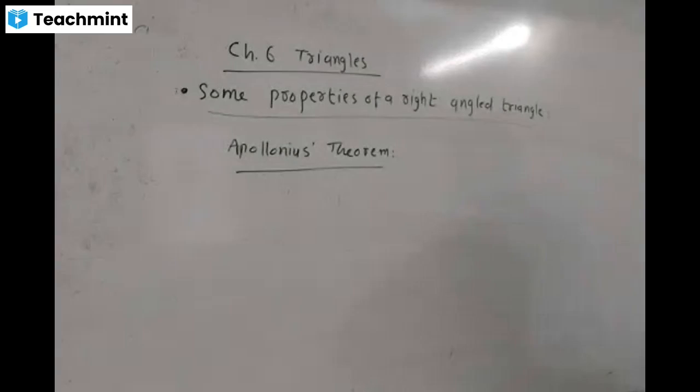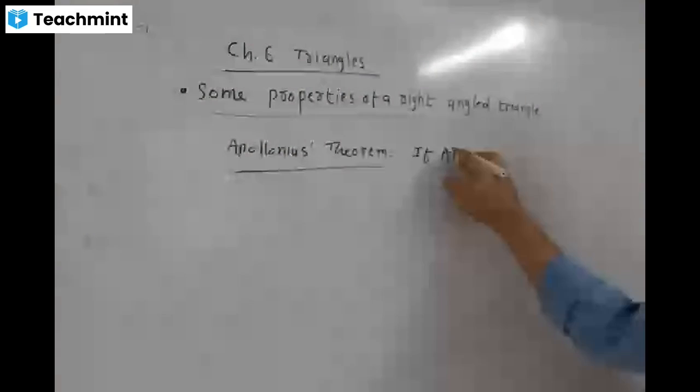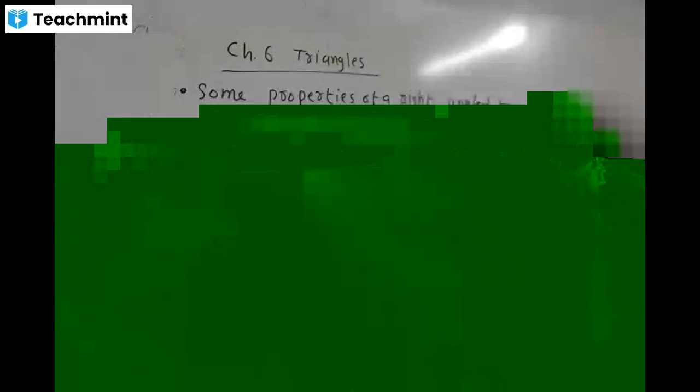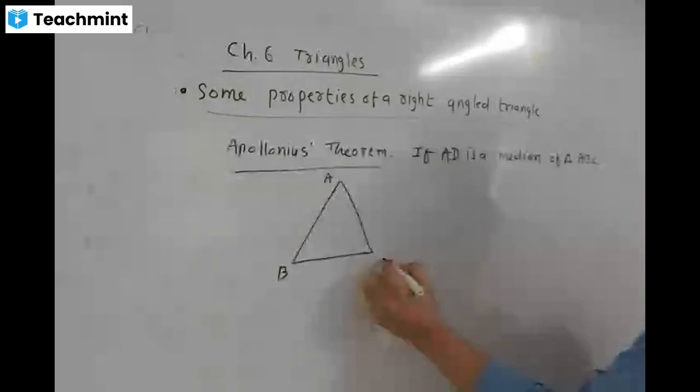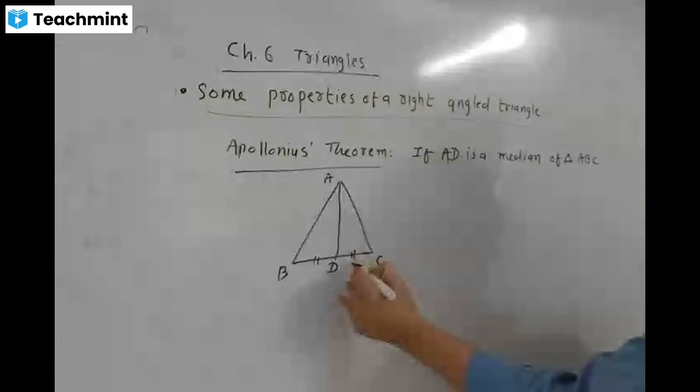If AD is the median of triangle ABC, therefore in triangle ABC, AD is a median, means D is the midpoint of BC, and BD and DC both are equal.